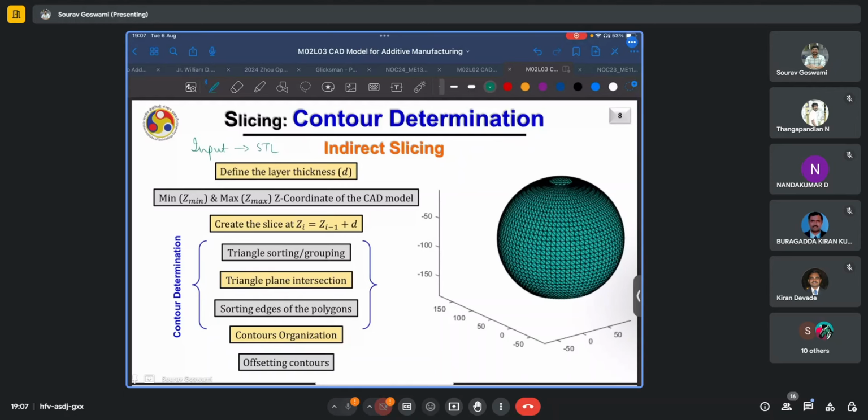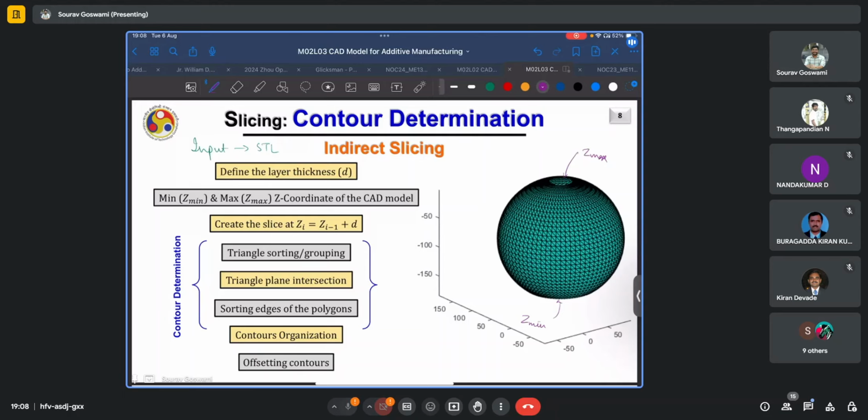Then we find the minimum and maximum Z coordinates of the CAD models. For example, here, the south pole will have the minimum Z coordinate, whereas the north pole will have the maximum Z coordinate. Then we start slicing. This is the case for the uniform slicing.